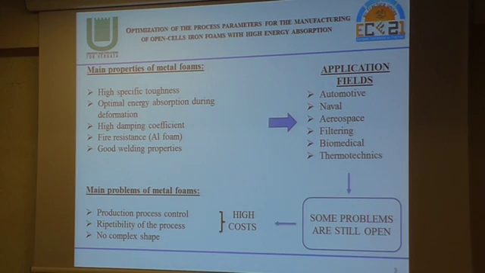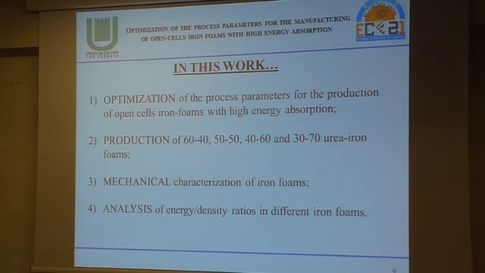It's quite difficult to obtain complex and big shapes, and we also have high cost. In this work we focus the attention on the optimization of the process parameters for the production of open cell iron foams with high energy absorption.